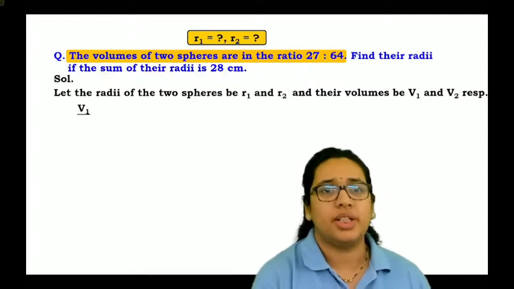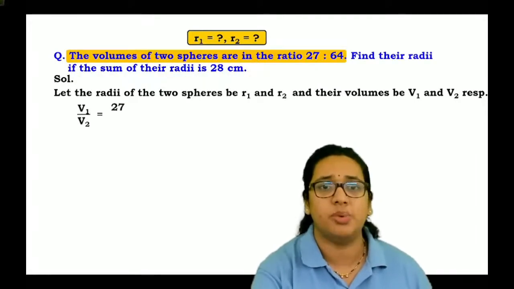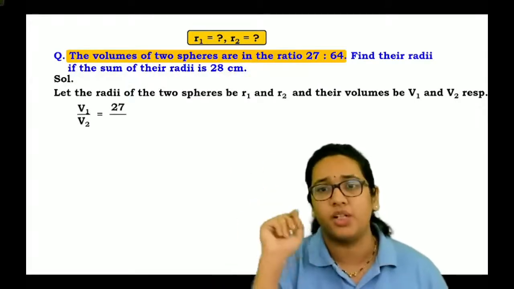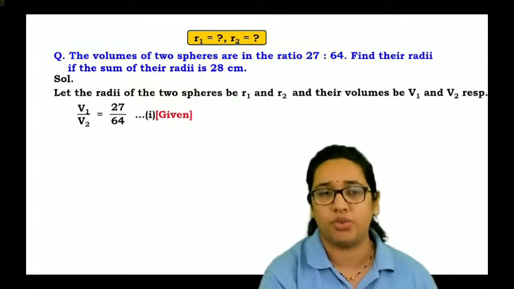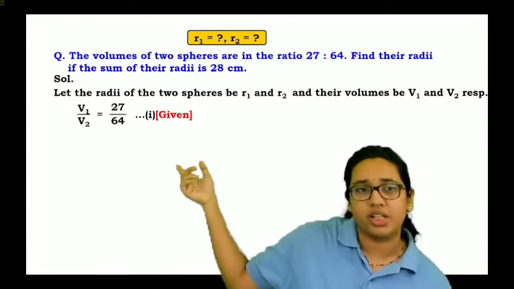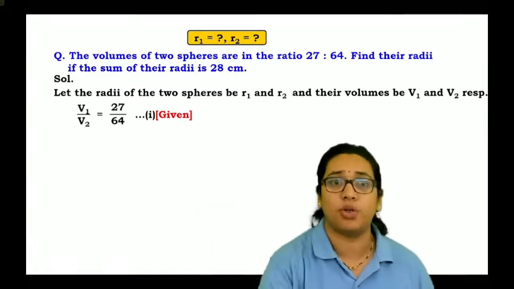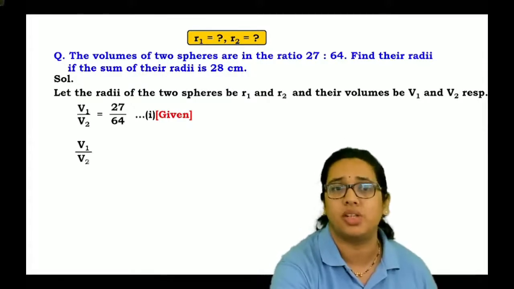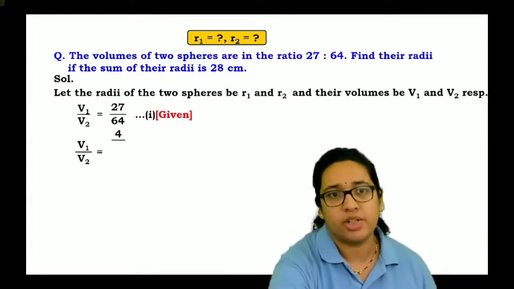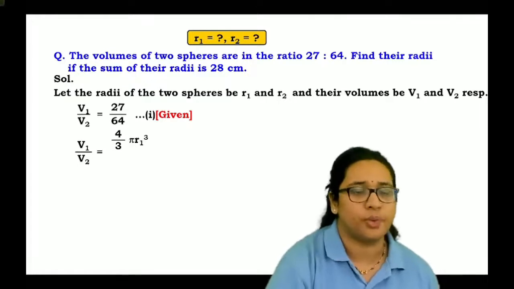Okay, so let the radii of two spheres be R1 and R2 and their respective volumes be V1 and V2. So by the given condition, we can write that V1 upon V2 is the same as 27 as to 64, correct?